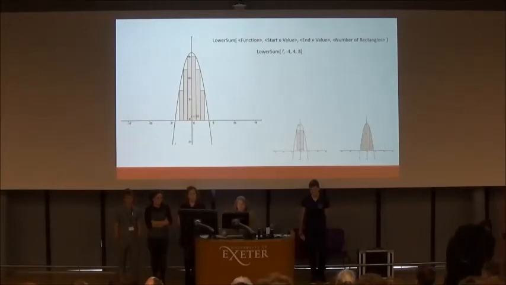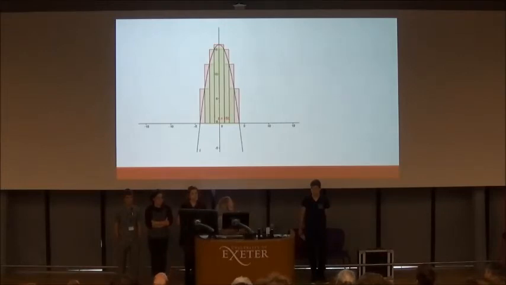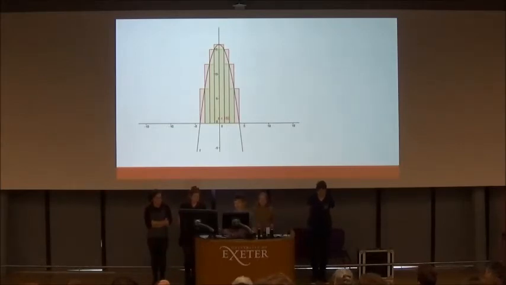Okay, once you've got both of those, you can plot them together like so, and you find the average area of both of the rectangles from the upper and lower bounds to get the area. That gives a very approximate area of the area under the curve.